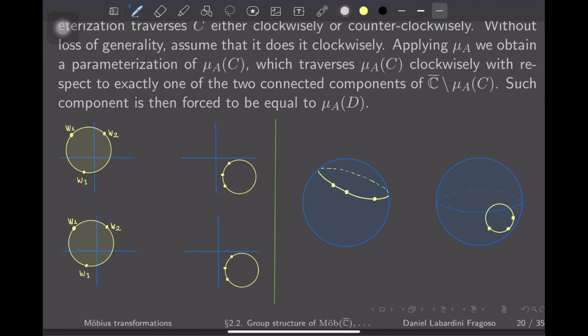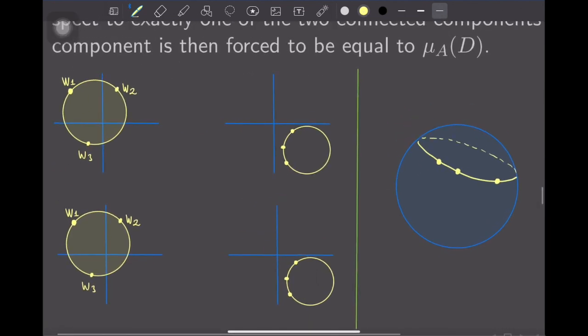Okay, and then take their images. It could be that nu of W1 is this one, nu of W2 is this one, and nu of W3 is this one. That could be the case, in which case the image of this one is not going to be this one, because here they appear clockwise, but with respect to this disk, they appear counterclockwise.